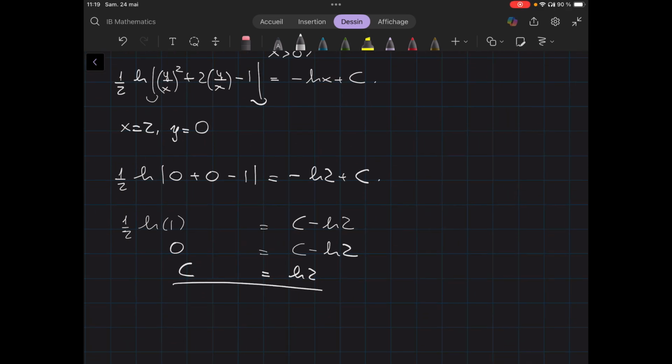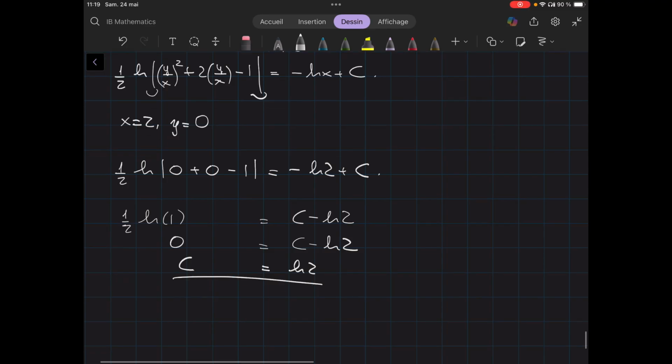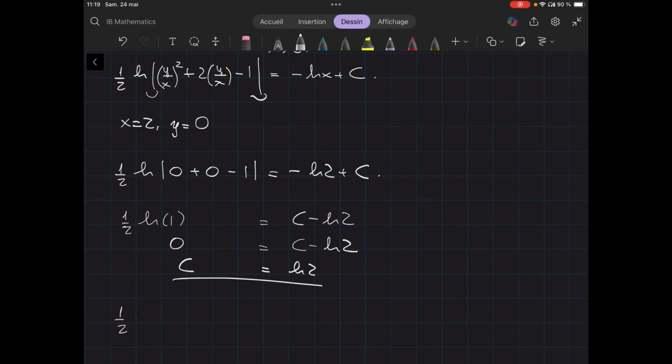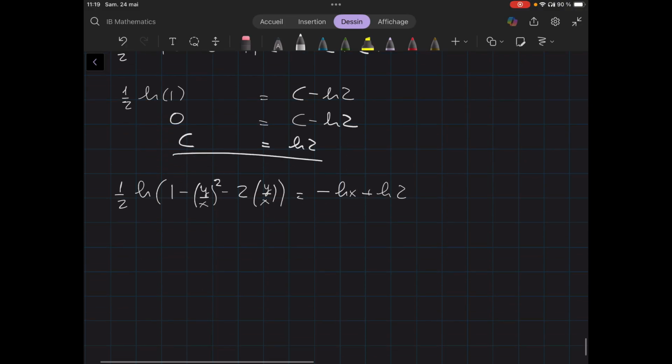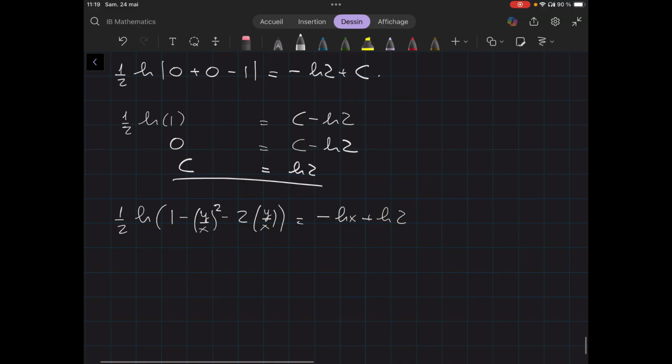Now we have to remove the absolute value sign of the term on the left-hand side. Multiply both sides by 2.